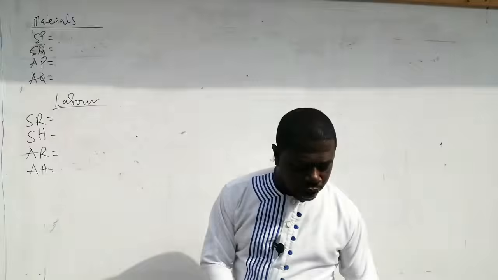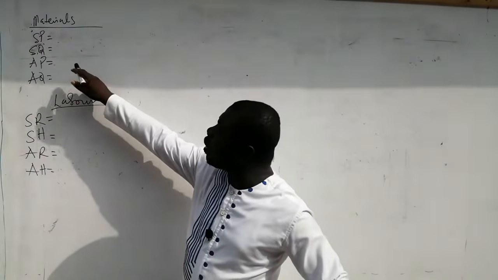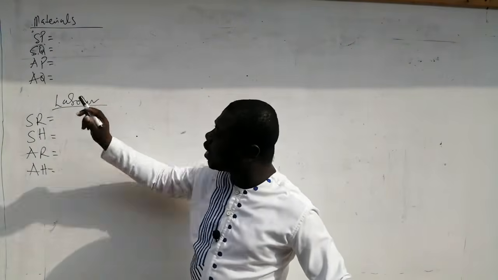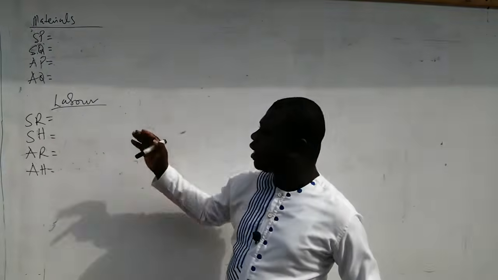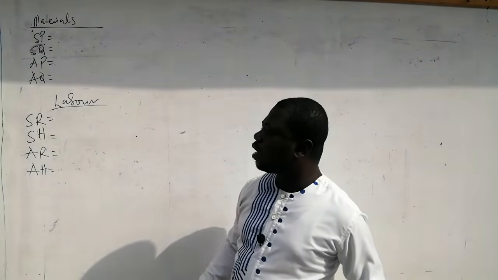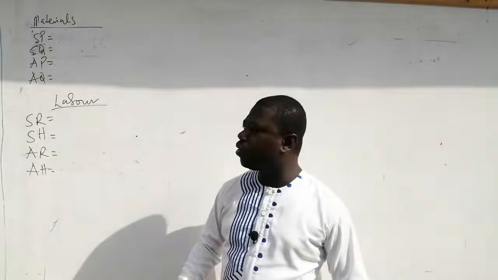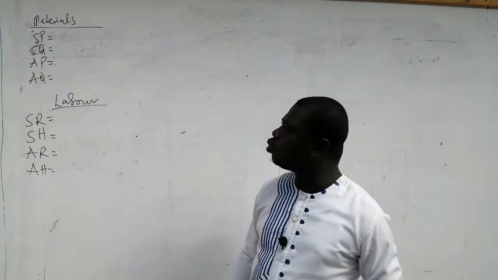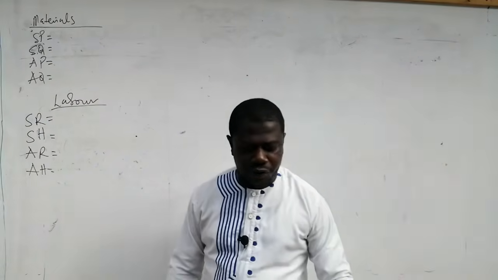We are going to go back to the question and identify the standard price, standard quantity, actual price, and actual quantity for materials. And under labor, we'll identify the standard rate, standard hours, actual rate, and actual hours. These are the basic information that we need to be able to solve with the formulas.